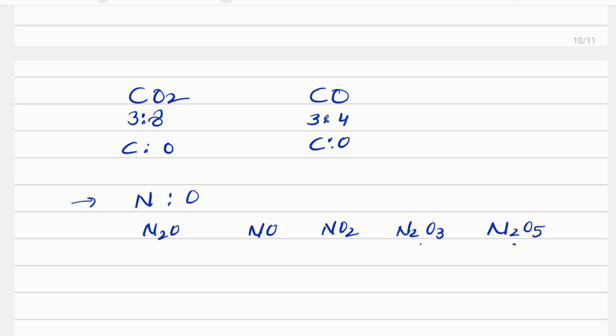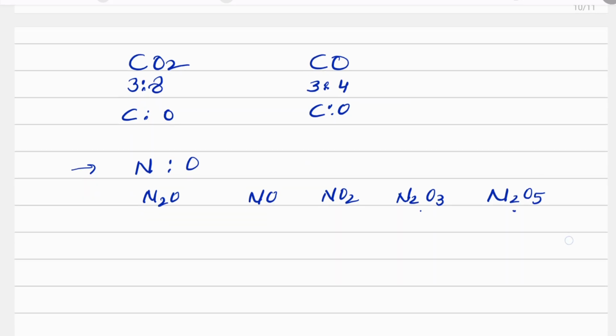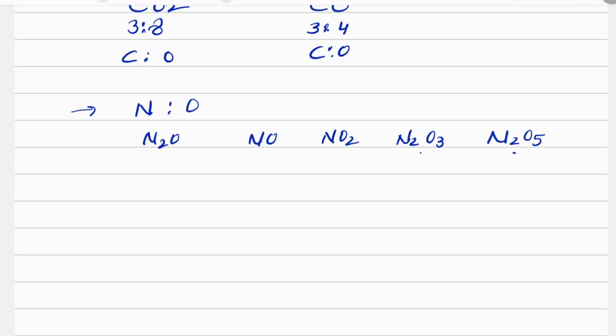So you can calculate the ratios over here. I am giving this homework to you, so go and calculate the ratios by mass. I will give you the masses of nitrogen and oxygen. Mass of one nitrogen atom is 14, and mass of one oxygen atom is 16.